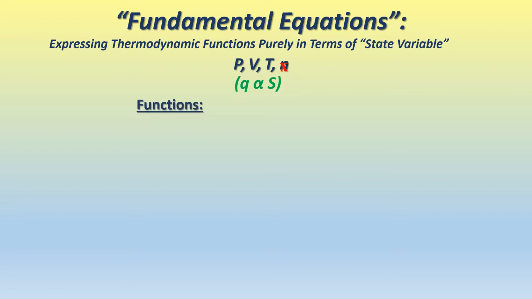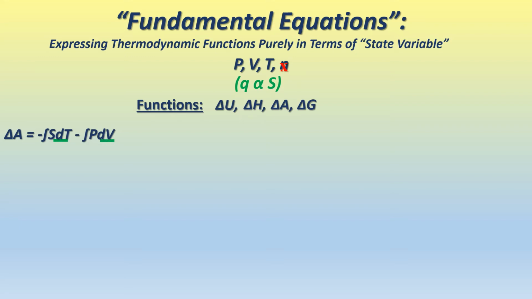The thermodynamic functions are internal energy, enthalpy, Helmholtz energy, and the Gibbs free energy. From previous videos linked below, the Helmholtz energy is defined as minus the integral of entropy times the change in temperature minus the integral of pressure times the change in volume.